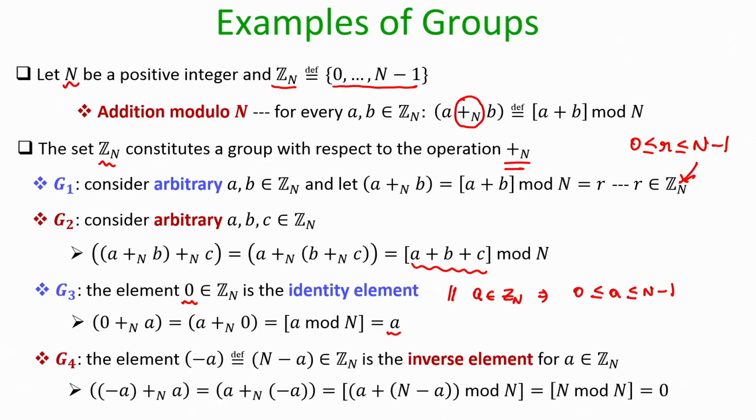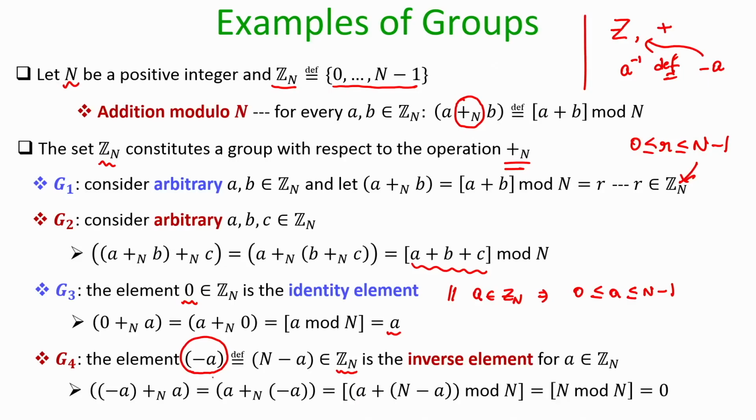Now, what about the inverse? My claim is that the number minus a, which is defined to be n minus a in the context of this operation addition modulo n, constitutes the inverse for any element a. Remember when I took my group to be the set of integers and my operation was the regular addition, then a inverse was defined to be minus a, and minus a indeed belongs to the set of integers.